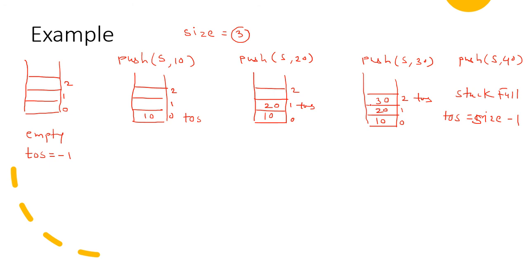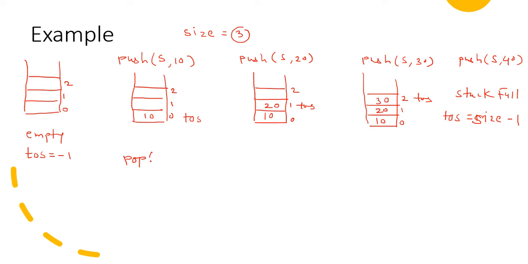Now let us see the pop operation. In the push operation we need to pass two parameters, that means the structure variable of the stack and the data to be pushed onto the stack. But in the pop operation, we don't pass the data to be removed from the stack, because data is always removed from the top.